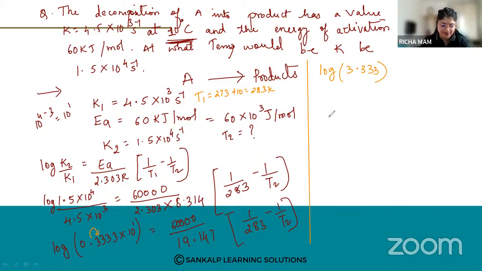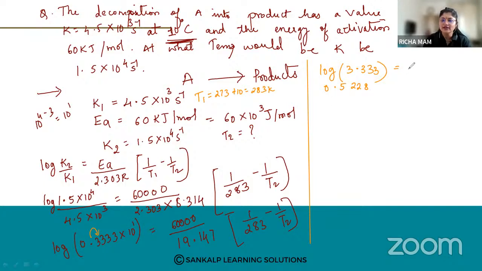Now you do log of 3.333. I'm getting 0.5228, which is equal to 60,000 divided by 19.147.